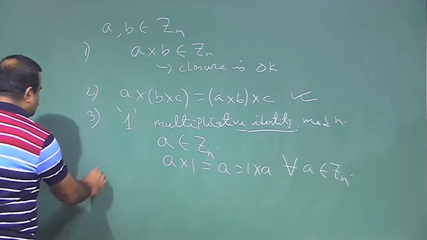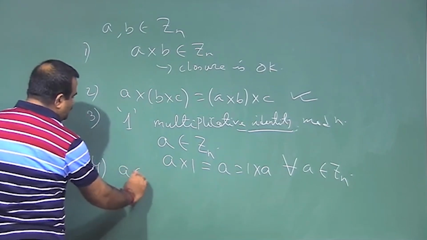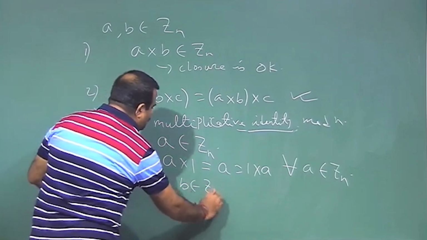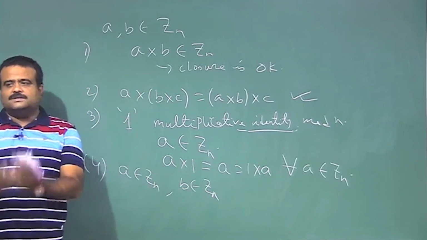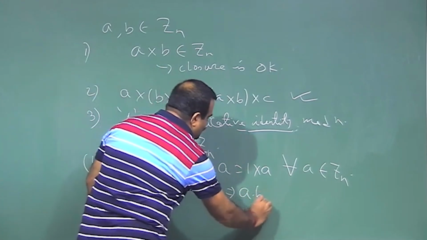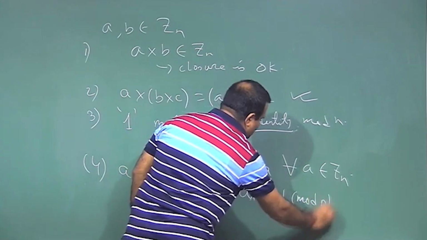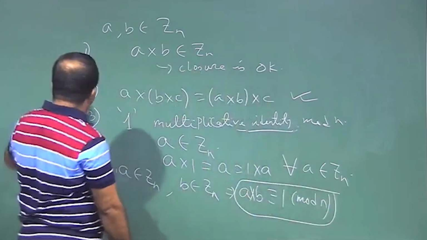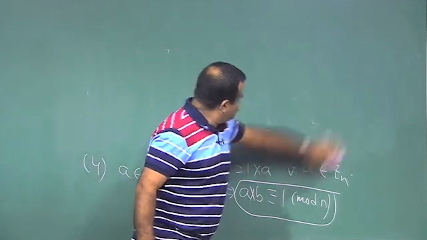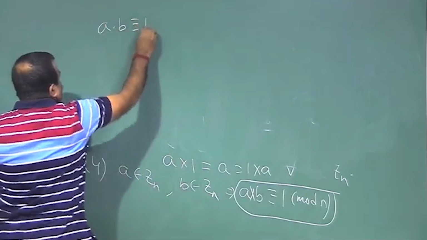But for the inverse, let A be an element in Zn. Then B will be said to be the inverse of A if we multiply them and it gives us the identity element under mod n. So, A dot B should be congruent to 1 mod n.